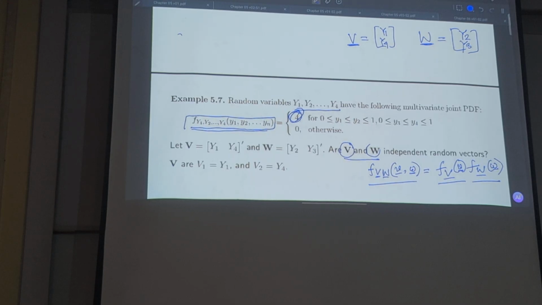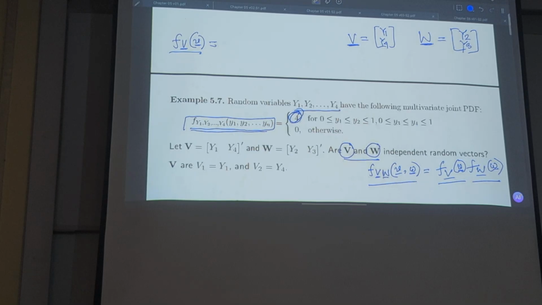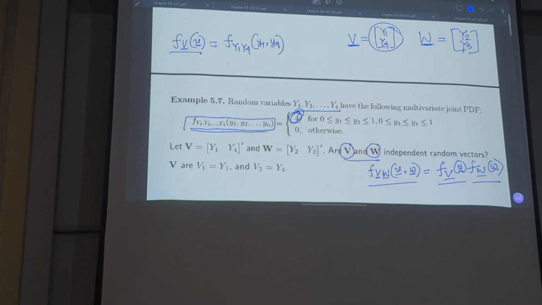Question is, how can we calculate this? Someone can tell me, what is this? This is the joint PDF of? Actually, it is not the joint PDF, it is the marginal joint.